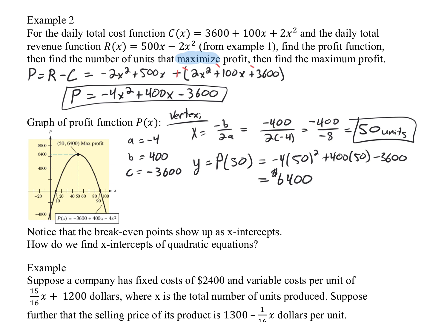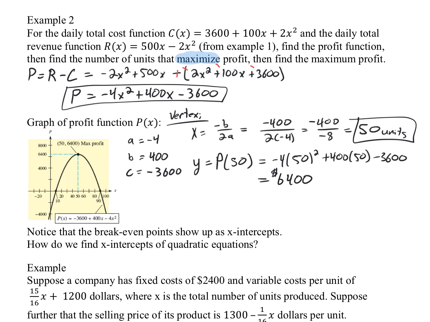We said that probably the maximum profit is going to happen somewhere between 10 and 90, and it actually happens to be the exact middle point, whatever number was exactly halfway between 10 and 90. And then the height of this graph gets all the way up to 6,400 at the vertex, and that corresponds, of course, to the value of the function, so that's the maximum profit.